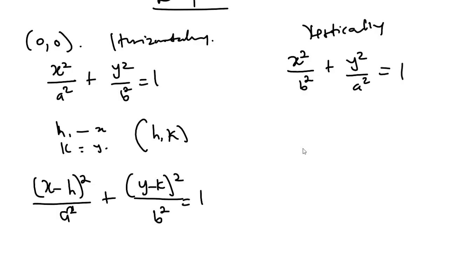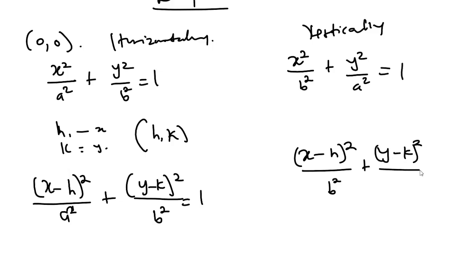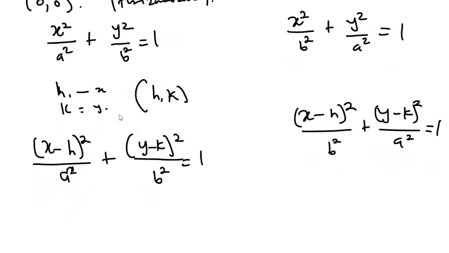In the same way, here we have (x minus h) all squared divided by b squared plus (y minus k) all squared divided by a squared being equal to 1. So that is as simple as that. When it moves from the center, that's where we have this kind of situation. Let's see how it is going to be.